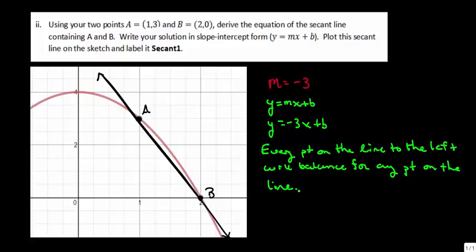Okay, that's the idea behind it. So regardless of whether I pick A or I pick B, both of those guys will make this guy balance.